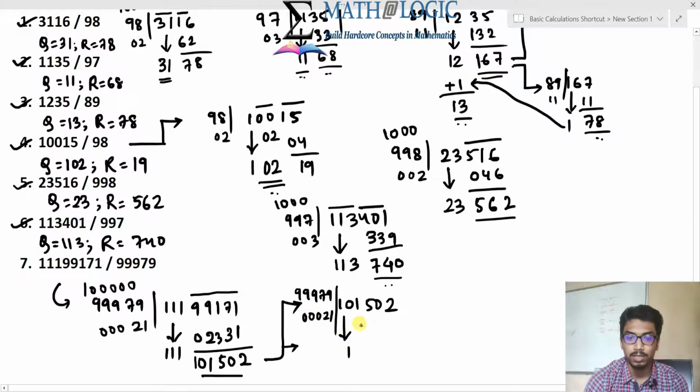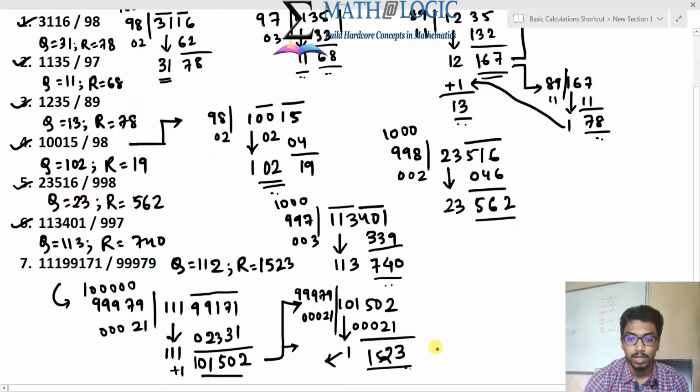So multiply this, it is 00021. Now at this part, it is 3, it is 2, it is 5, it is 1. So that means this 1 is the extra quotient which is to be added over here. So in this case the quotient is 112 and the remainder is 1523.